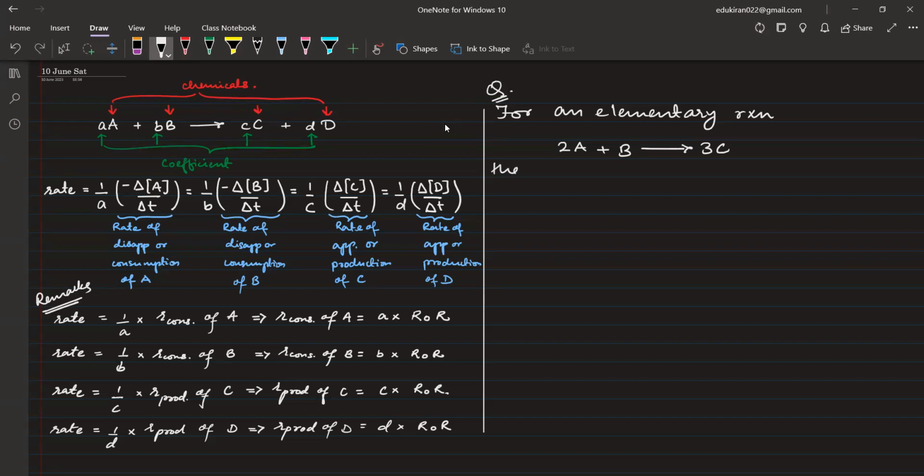The rate of appearance of C is 1.3 into 10 to the power minus 4 molar, that means moles per liter, at time t.